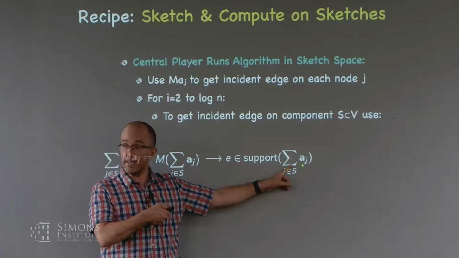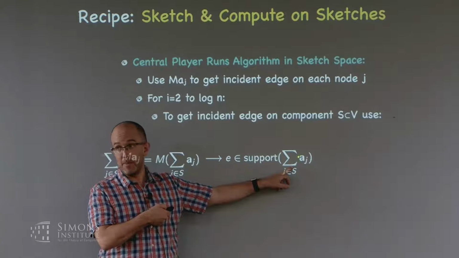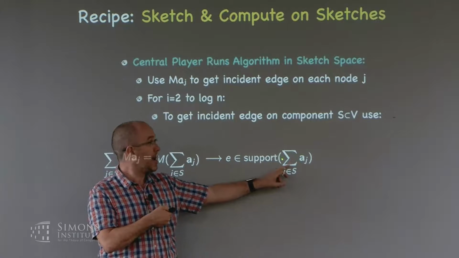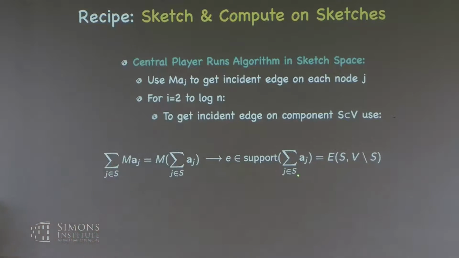But we carefully designed those A1, A2, A3 such that the non-zero entries of this sum are exactly edges that go out from S to V minus S. So the non-zero entries of this vector are exactly the indices of edges across the cut. So even though you just sent me sketches of your local information, I can start adding up these messages and infer other edges in the graph when I need them.